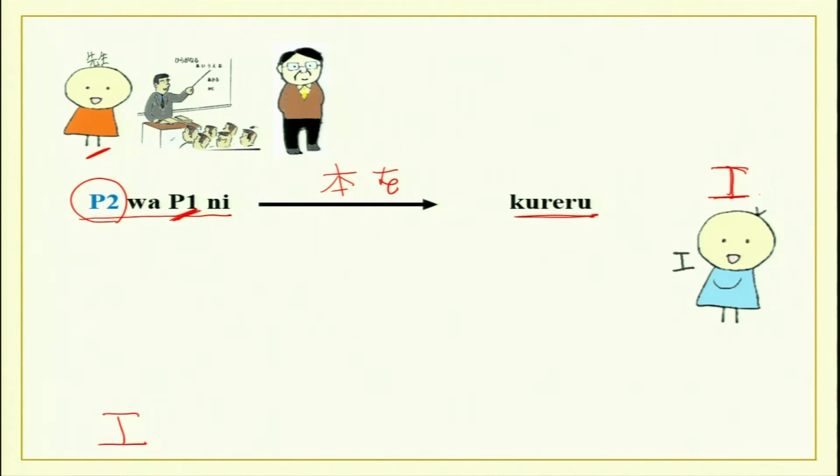Now, the subject has changed. Now, if you want to be very polite and you have received something from someone, then sensei wa watashi ni hon o kudasaimashita or kudasatta. He gave. So, your position is here and sensei is over here. You are being very, very polite and honorific.